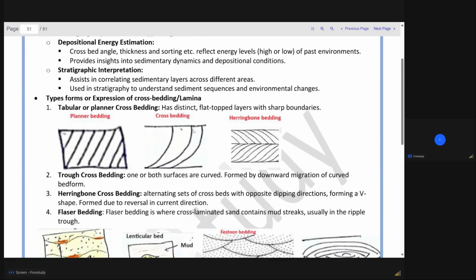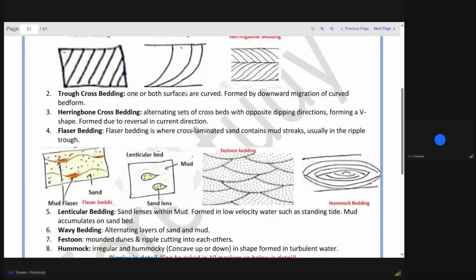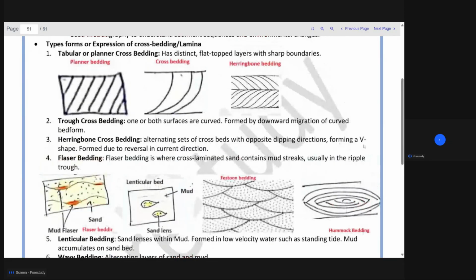If one or both surfaces are curved, here you can see this is a curved layer. This is not actually festoon bedding, lenticular bedding, mud pleasure. Okay, just think about it. Forming a V shape due to reversal in current direction, alternating sets of crossbeds with opposite dipping directions.